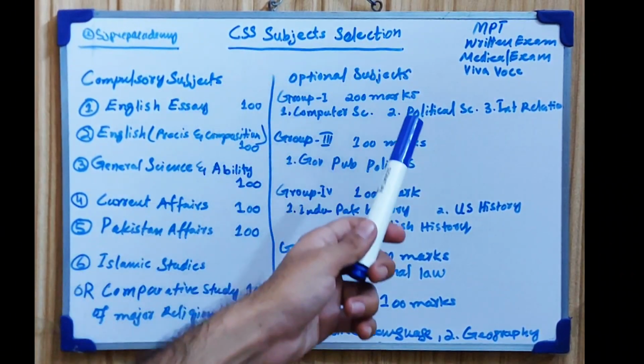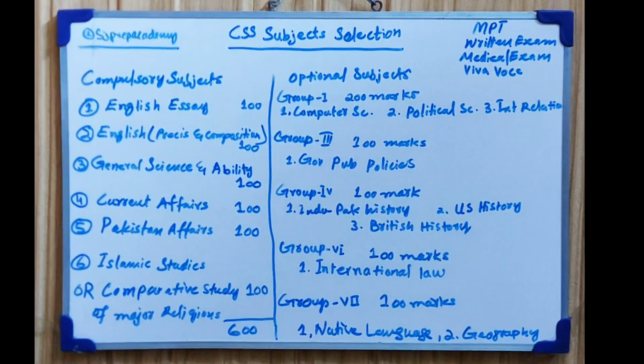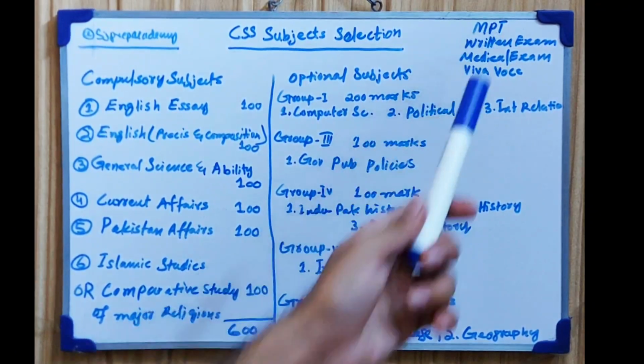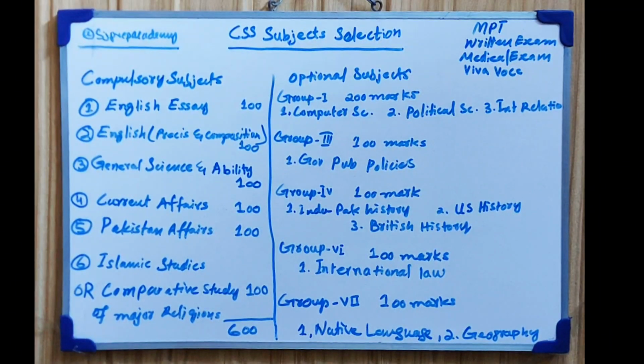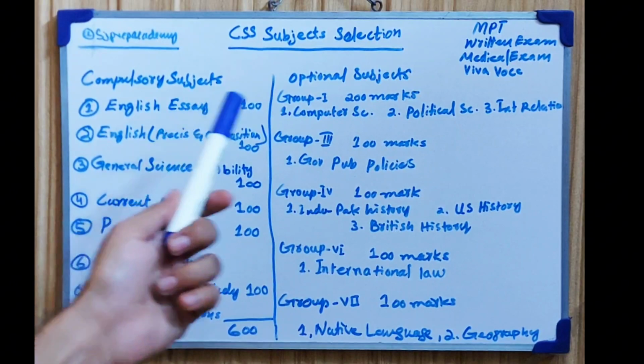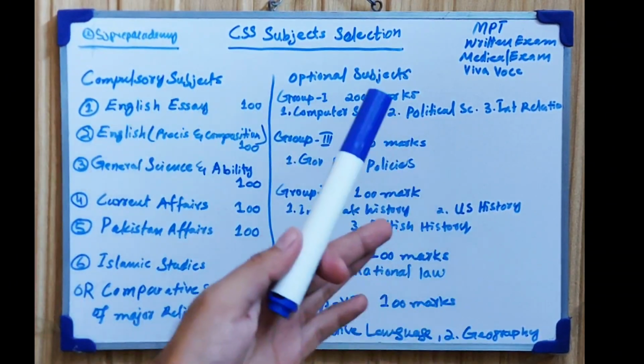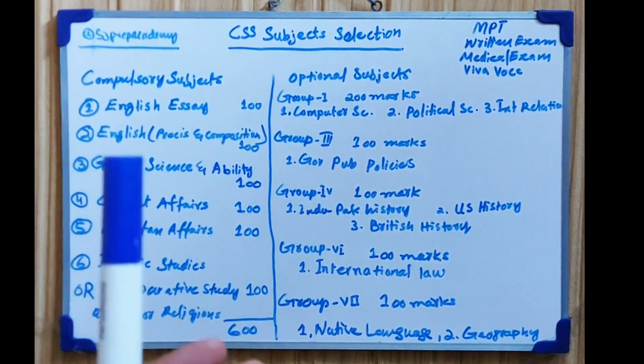For CSS criteria, there are 4 kinds of exam. The number one step is the MPT exam. MPT stands for MCQs based preliminary test. Then there is the written exam, which consists of 12 papers. The 12 papers are divided into 2 groups.